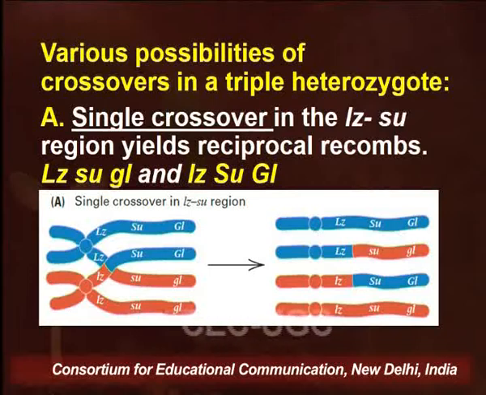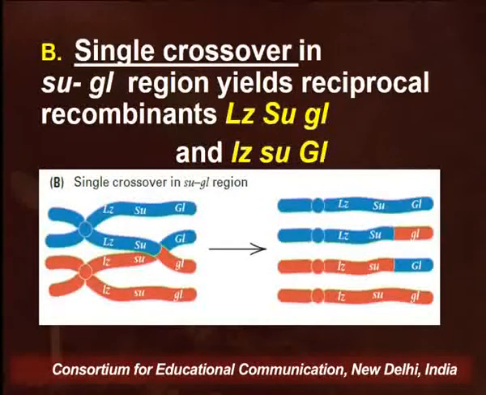First possibility is that there is only a single crossover in the LZ, SU region. This is going to yield the reciprocal recombinants, as you can see on your screen. Please remember SU has to be in the middle, and these are the reciprocal recombinants.